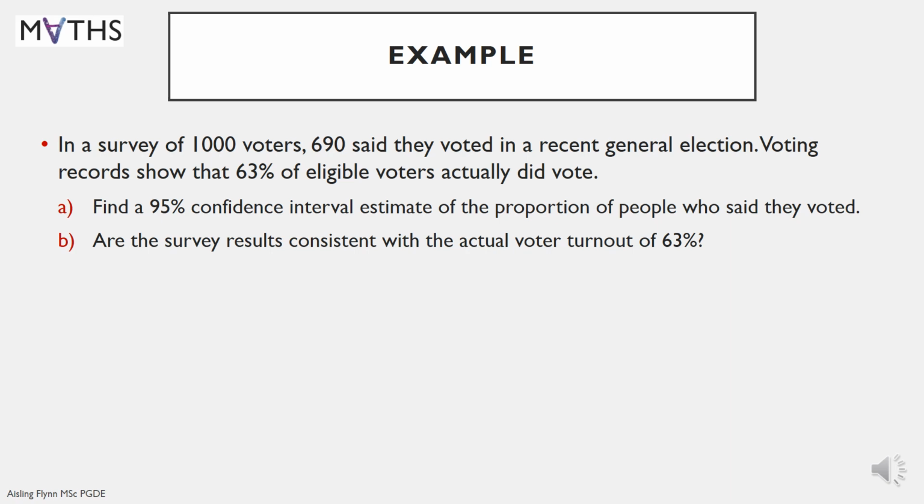So how to do our interval? Well, our interval usually consists of the population proportion between the sample proportion minus the error and the sample proportion plus the error. So we need to make sure that we have all these values. Firstly, our population value is given by voting records.